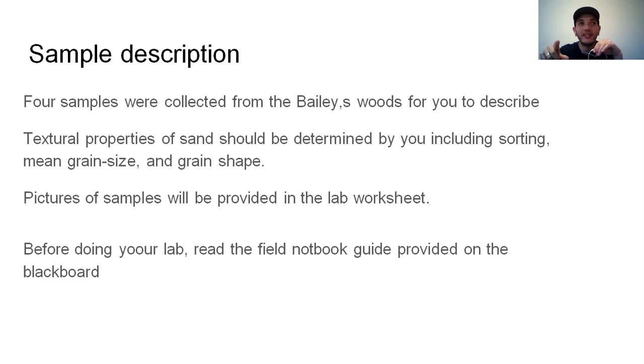Just look at the grain size card and compare it to the grain size that you see in the samples. After that, you would be able to determine the mean grain size and the sorting as well. Of course, there's no problem with the color, but with the grain shape, just skip it because it's very difficult to determine the grain shape from the picture. You need, of course, a hand lens.